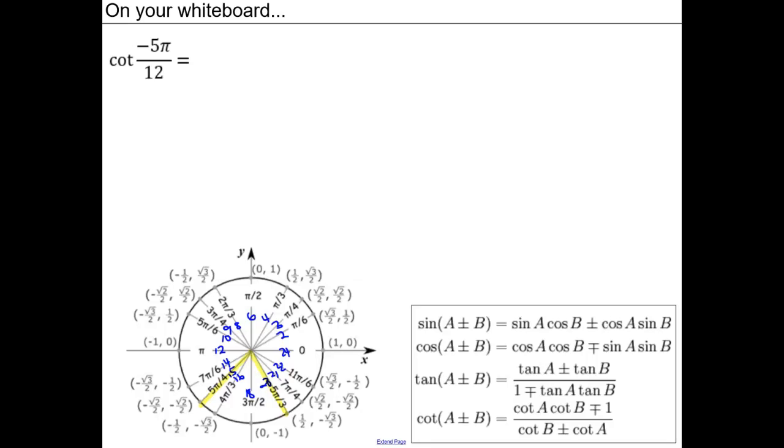So let's go ahead and rewrite this as the cotangent of 15 pi over 12 minus 20 pi over 12. And reducing those fractions, we'll get our special angles of 5 pi over 4 and 5 pi over 3.